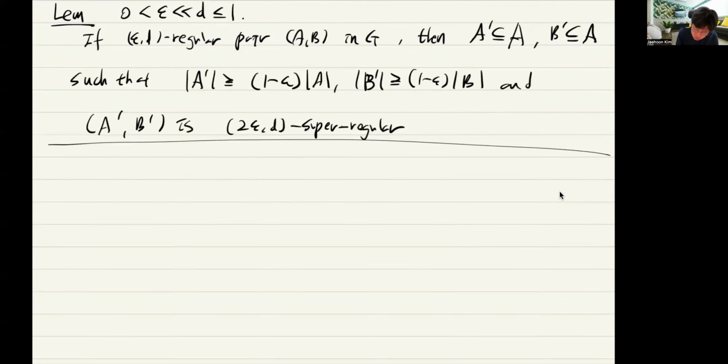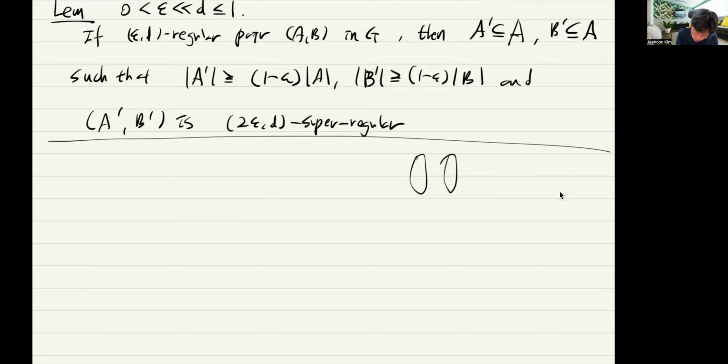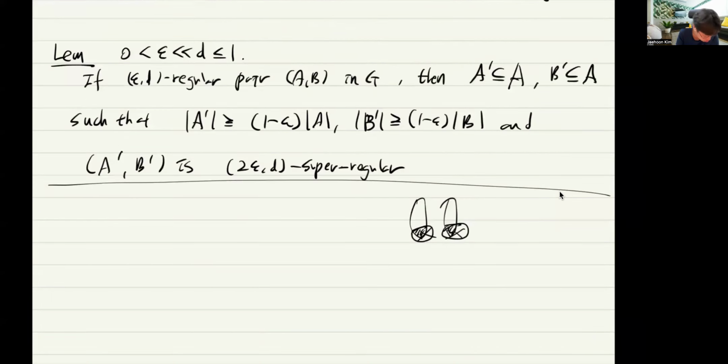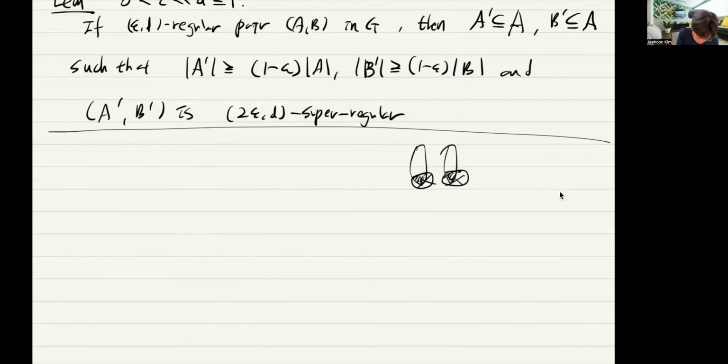So in fact, what you can do is you collect all the vertices with too low degree, then you show that the number is not so many, and then you just delete them. So this is true. And also, what you can show is that when you have an epsilon regular pair A and B, deleting a small number, the remaining thing is still epsilon regular.